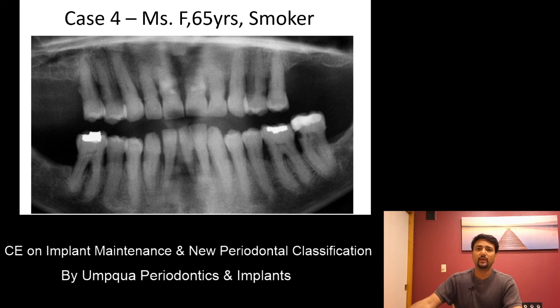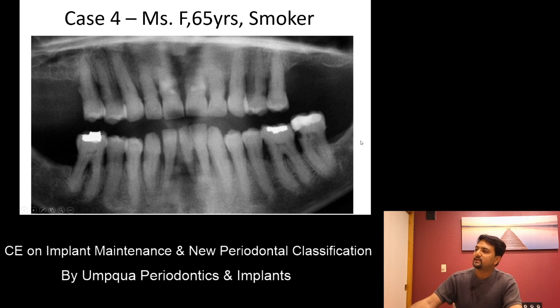I would say number 24 is the worst tooth, and I can probably see bone loss up to the apical third of the root. So again, that puts us back to stage 4, which we already determined based on just counting missing teeth, and if we know for sure they were lost because of periodontal disease, that makes it really easy.